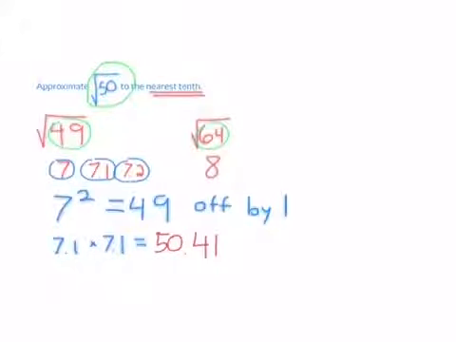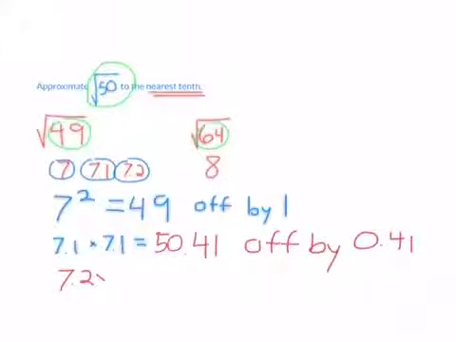This one's too big by 41 cents. So this one's off by 0.41. It's too much by 41 cents. There's no point doing 7.2 times 7.2, I'd be wasting my time, because 7.1 is already too big. 7.2 is just going to be even bigger.